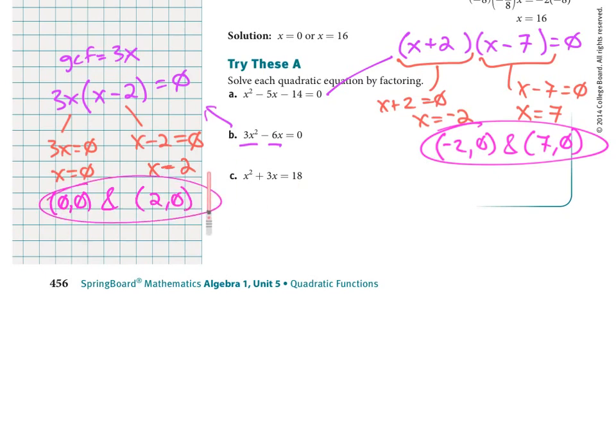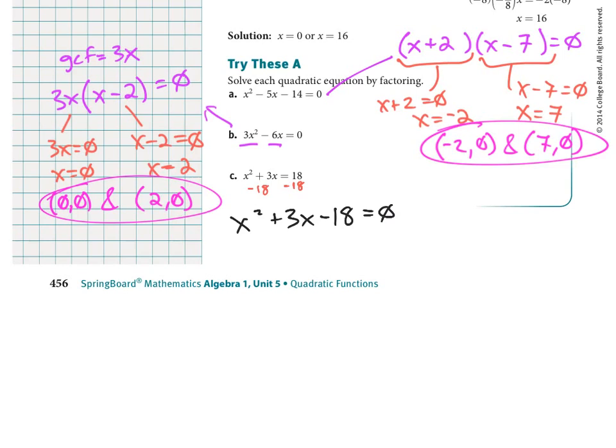In our last example here, it's not equal to 0. So we're going to have to move over the 18 and then factor. So we're going to move things by doing the opposite. So minus 18 from both sides. That would give us the trinomial x squared plus 3x and then minus 18. What's left over there is 0.